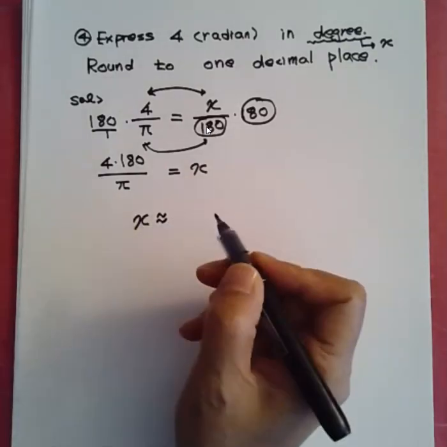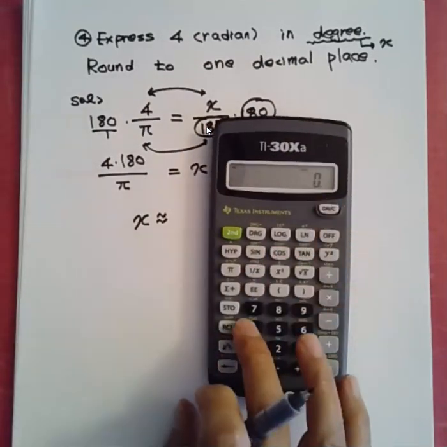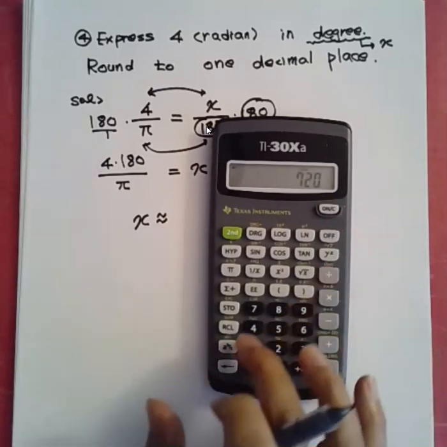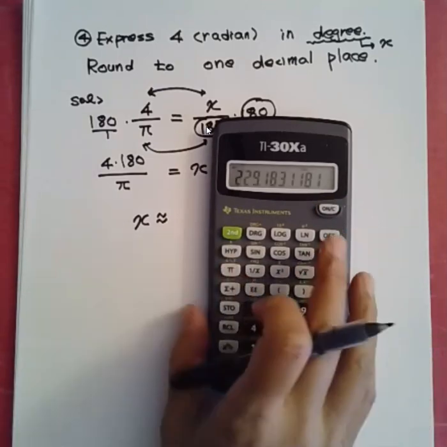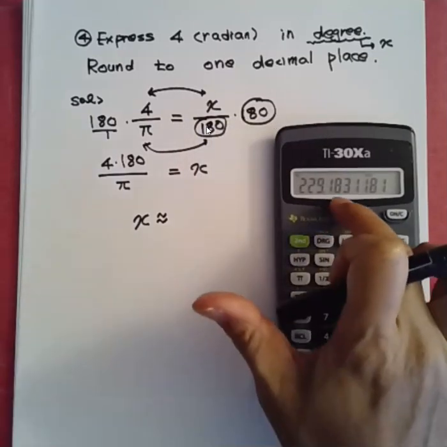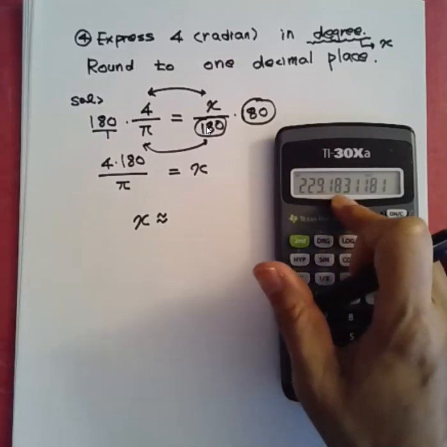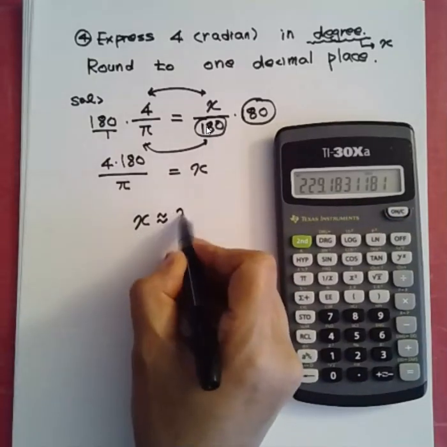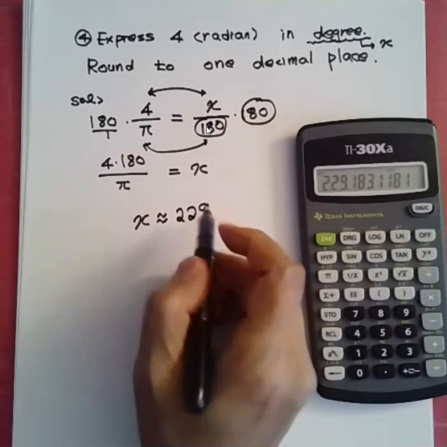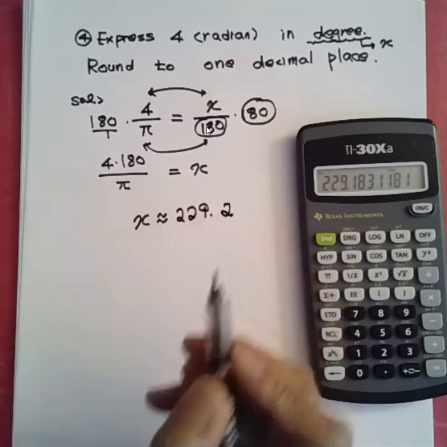So we have to use calculator. That is 4 times 180 degree divided by pi. The second decimal point is 8, so we can say that the final answer is 229.2 degree.